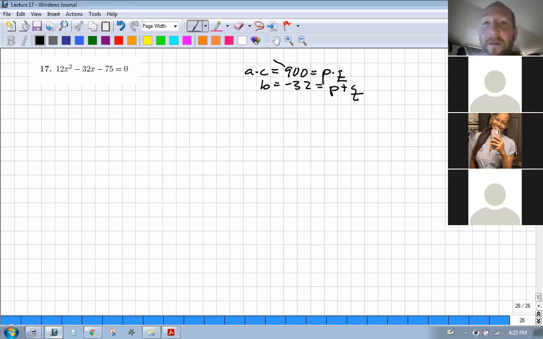Okay, so 2 and 450, that doesn't work. 300, not a chance. 900 divided by 4, it's 225. Still not close. Or we have 5 times 180. 6 times 150.